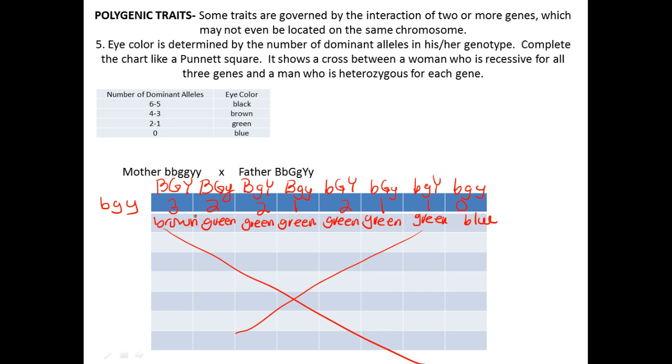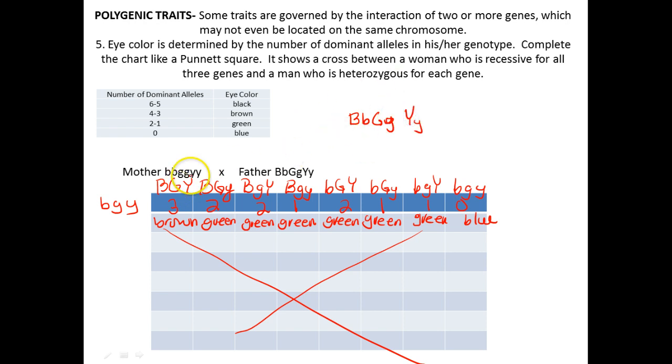Okay. Now you can also do this mathematically. For example, if you say, what's the possibility of a child being all heterozygous? Big B, small b, big G, small g, small y, big Y. So you could do this mathematically.